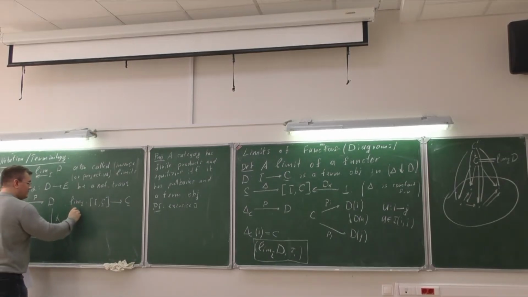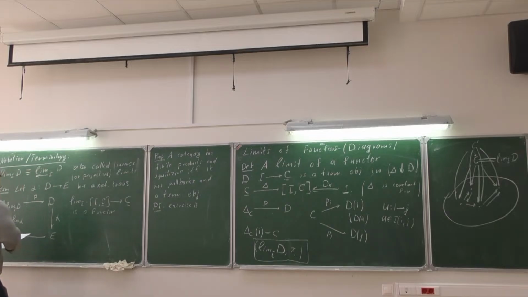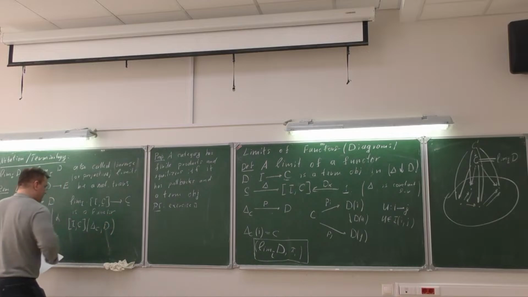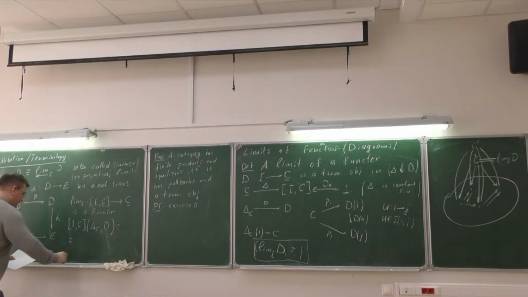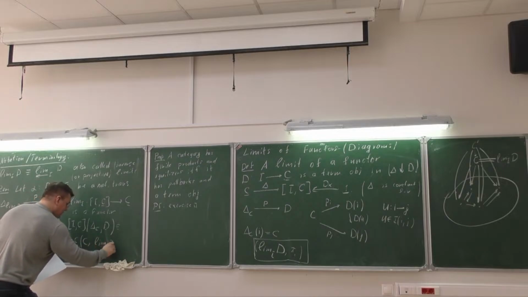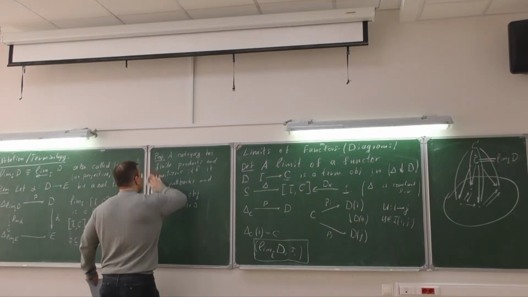is a functor, and moreover, if you look at the category of functors from I to C between the constant functor and some functor D, this is the same thing as the hom in the category C from the object C to the limit of D. So this natural bijection follows more or less immediately from the definition of limit as a universal cone.